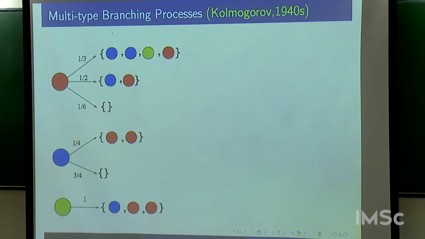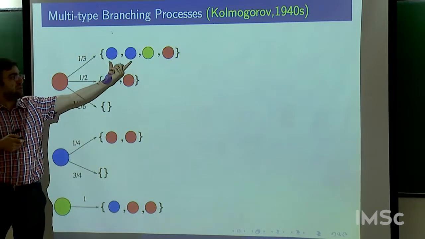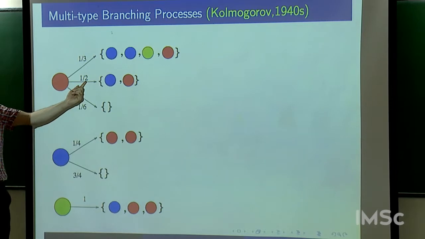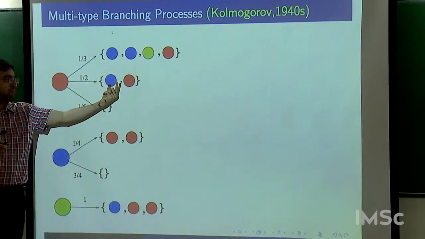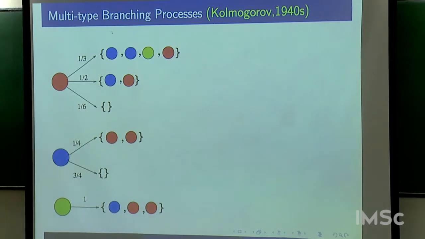In each generation, a cell, which is, let's say, a red cell, can, with 1/3 probability, split up into 2 blue cells, a green cell, and a red cell. With 1/2 probability, it might split into a blue cell and a red cell. And with 1/6 probability, it might die, okay?